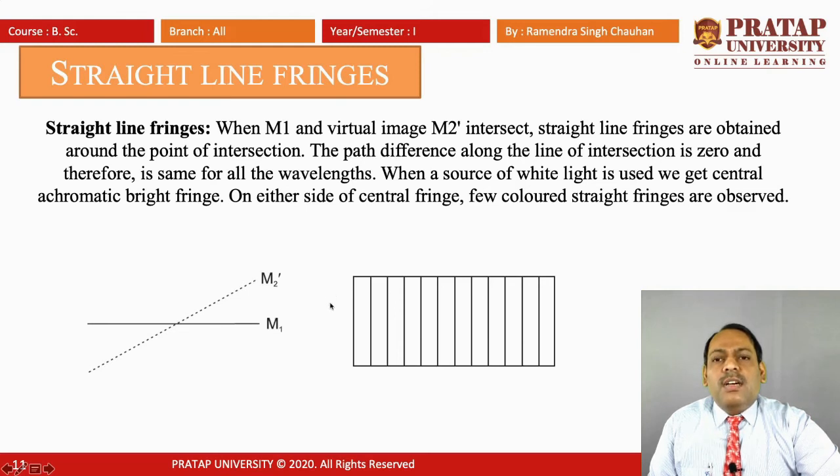In that case, a virtual air film of non-uniform thickness will be formed, and if we are observing at the intersecting point, then we will have straight line fringes, and when we are observing away from the intersecting point, if we are going toward this side, then we will have the pattern of hyperbolic fringes, and again if we are going on this side away from the intersecting point, then the opposite type of hyperbolic fringes or curved fringes will be observed.